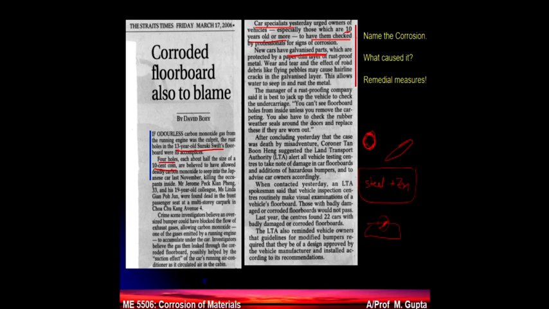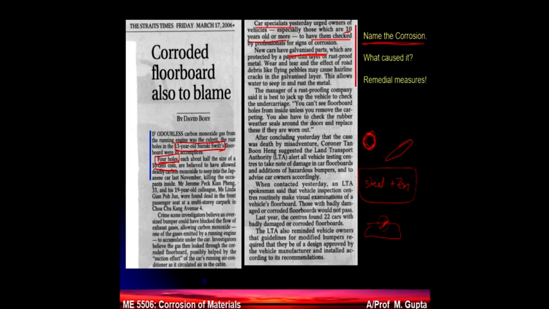So what kind of corrosion do you think is there or was experienced, which led to the formation of holes over the time of 13 years? What type of corrosion do you expect to have happened on the floorboard of this vehicle? Let's analyze from a corrosion point of view.